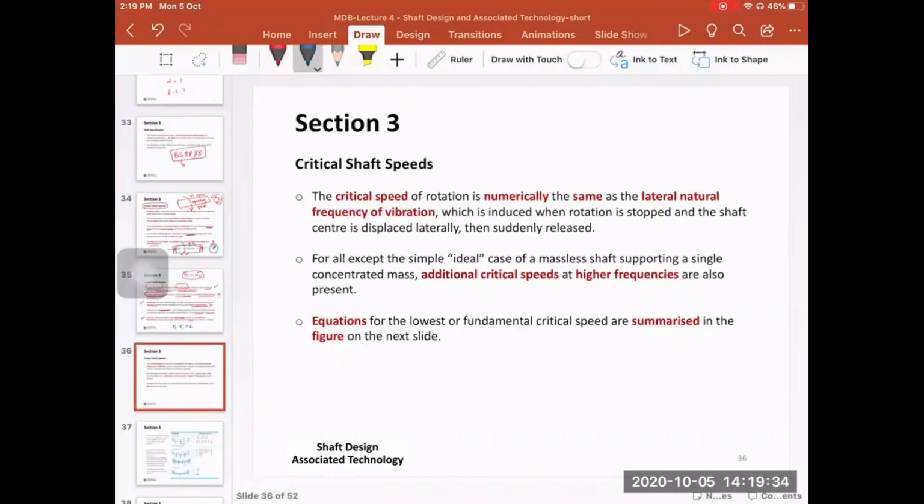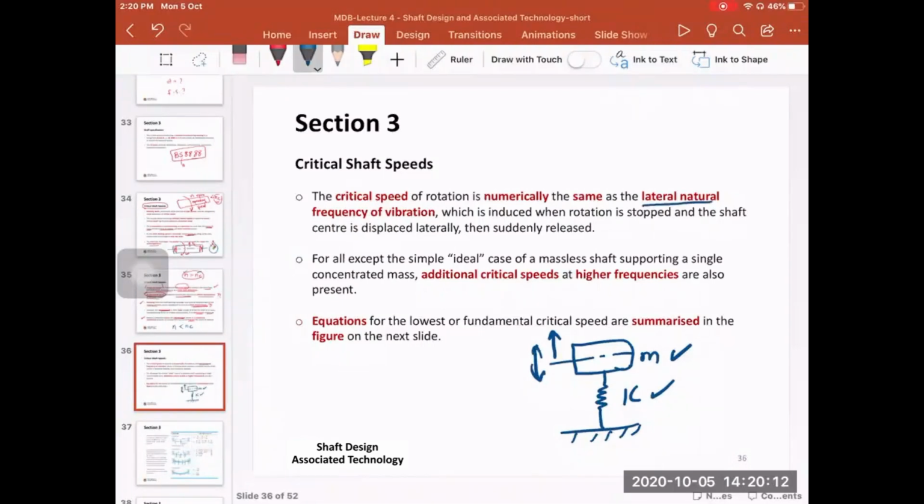Okay, so the critical speed is numerically the same as the lateral natural frequency of vibration. If we assume that we can model the shaft as a spring mass system, and the shaft has a specific stiffness and specific mass, and you deflect this mass without rotation to a specific distance and leave it, it starts to vibrate.